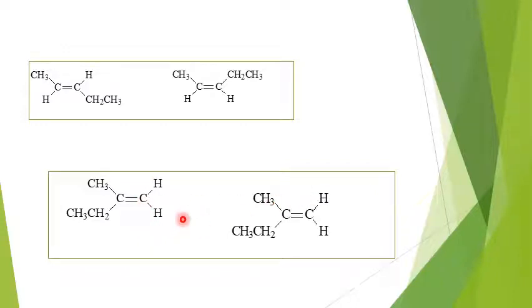So even though these are flipped compared to this one, all we did was turn it upside down to get this. So this will not be a cis-trans, because at least one of the carbons has the same things attached to it.